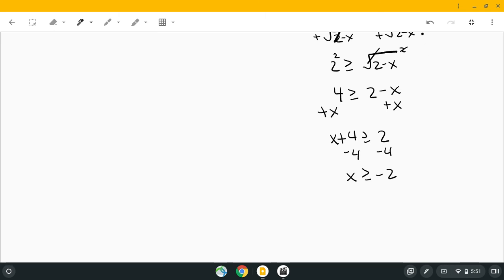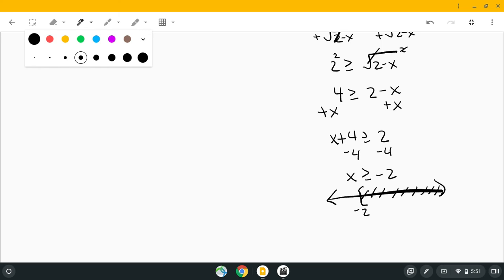Okay, so we have x is greater than or equal to negative 2. That's all of that. I'll do it on the same number line, purple. And then the domain of G was x is less than or equal to 2. So here's 2. So then that would be this.